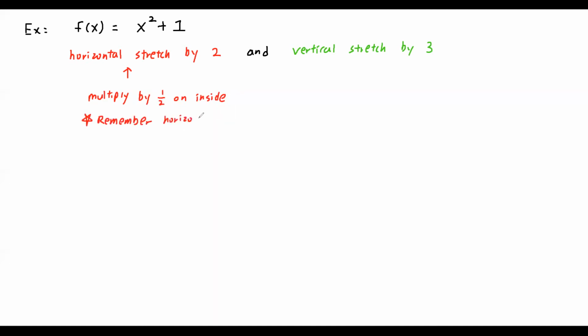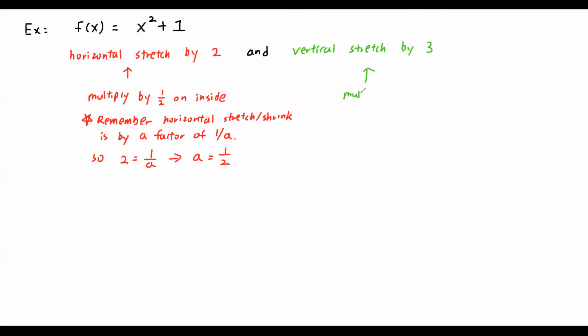Remember, horizontal stretch and shrink is by a factor of 1 over a. So our 2, which is the factor, is equal to 1 over a, and our a is equal to 1/2. So we will actually need to multiply by 1/2.